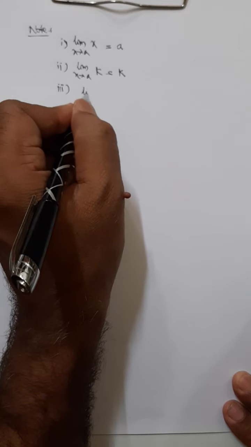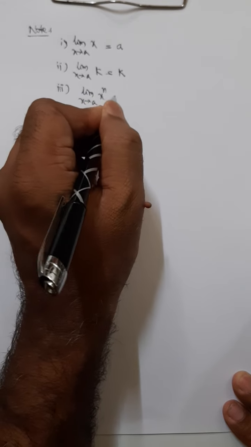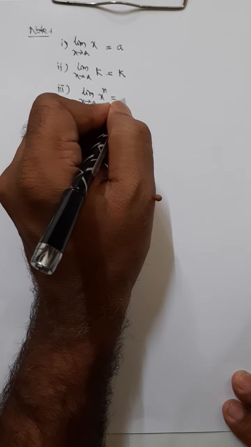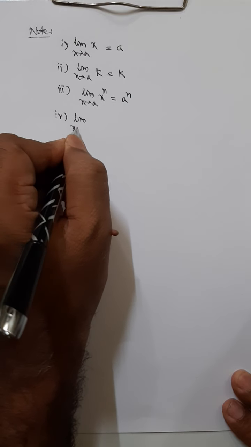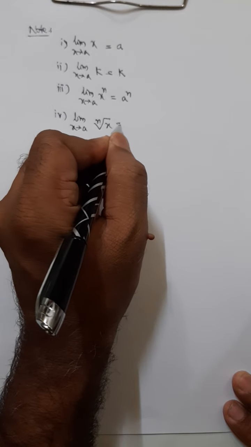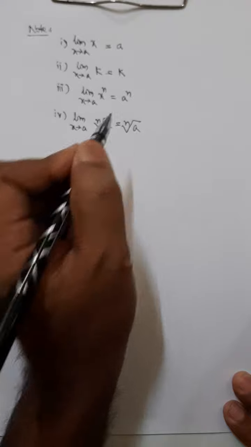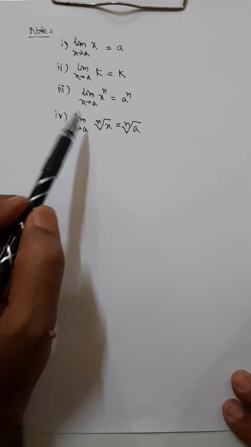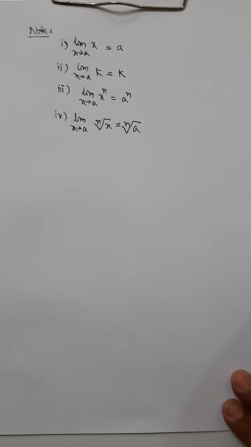Third, limit as x tends to a of x to the power n, n any real number, so put x equal to a, we get a to the power n. Similarly, limit as x tends to a of nth root of x, replace x by a, so we get nth root of a. Simply we put x equal to a here, and note that limit of any constant as x tends to any value, we get the constant.